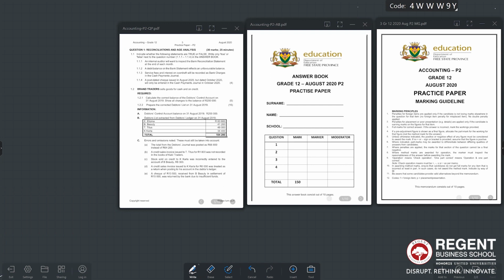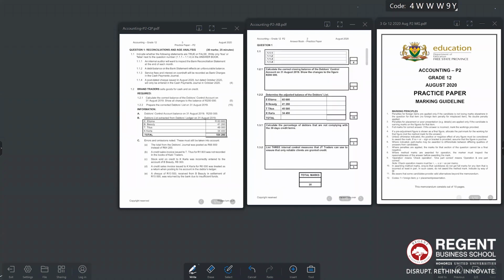An internal auditor will look at the bank statement and he will do the necessary. We'll open the answer book as well. So you're going to find the first one is true.